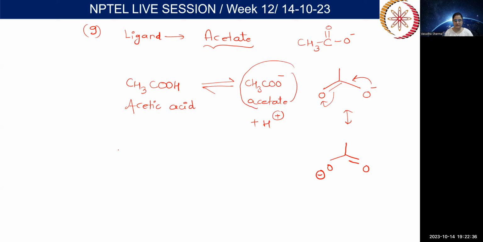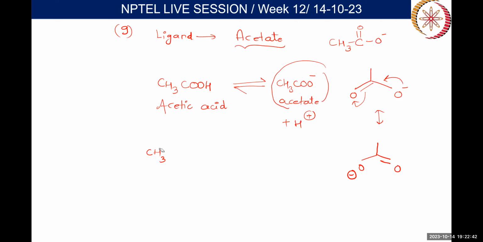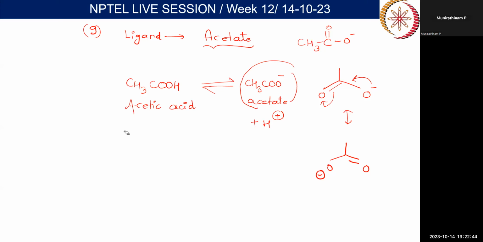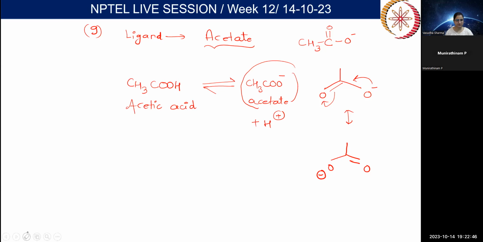When we have CH3, it is bound with a carbonyl group. Double bond O is here. It is like this way. Now this double bond goes onto the oxygen.